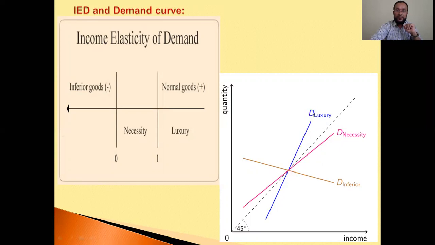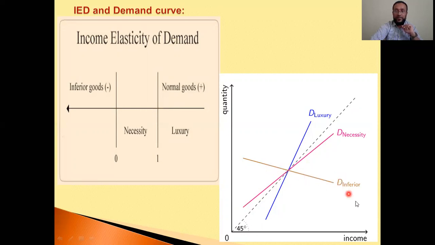It is positively sloped, upward sloping, and starts from the horizontal axis. If the goods are necessity, then this will be the shape of the demand curve. It will start from the vertical axis, which looks like the elastic supply curve. And here, this is the demand curve for inferior goods. This is negatively sloped.